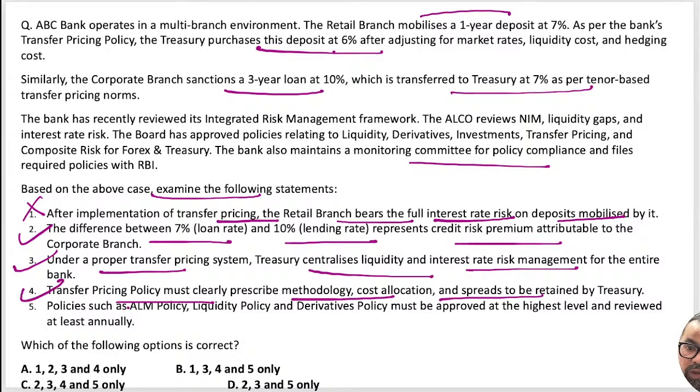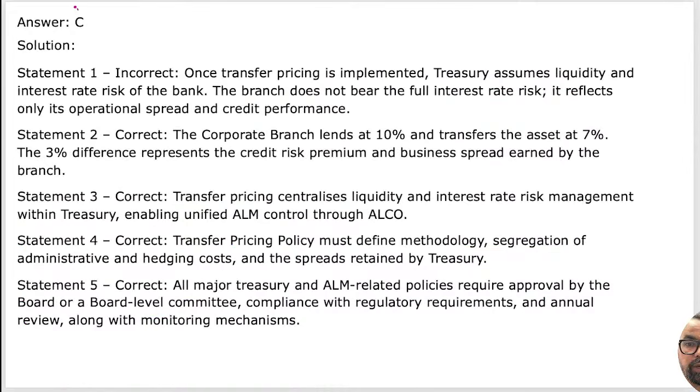Policies such as ALM policy, liquidity policy, and derivative policy must be approved at the highest level and reviewed at least annually. So 2, 3, 4, 5. 2, 3, 4, 5 means option C should be the right answer for this particular one.